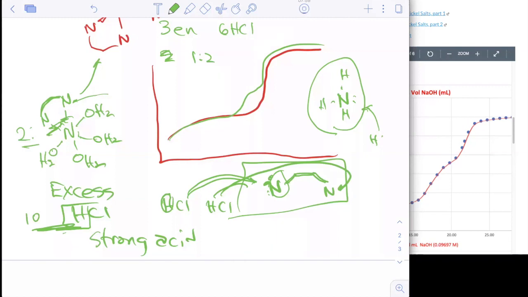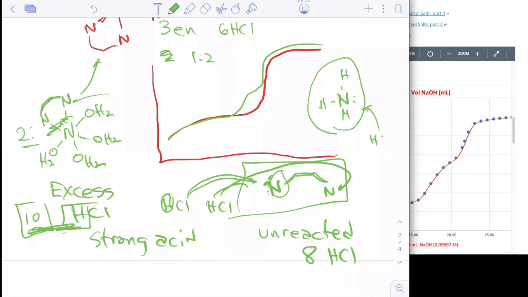But see how we have 10 here, and we have one ethylene diamine here. So what is unreacted would be the 8 hydrochloric acid in excess. Okay? If you read the procedure, you will see that in the ethylene diamine analysis, you take a mass of your salt, you put it in a container, and then you add an excess amount of hydrochloric acid.